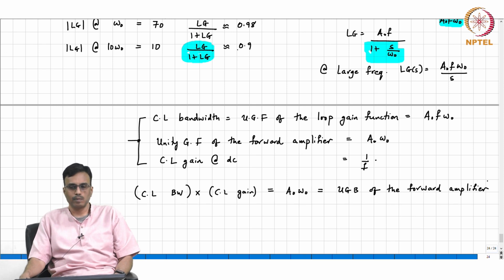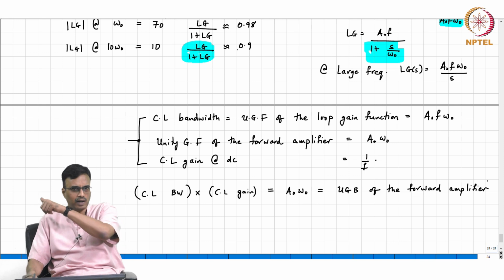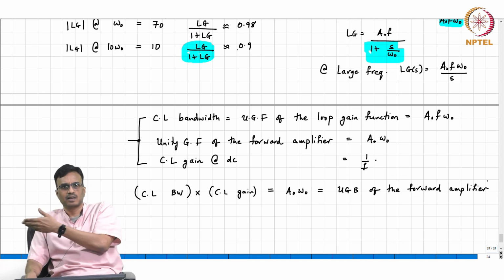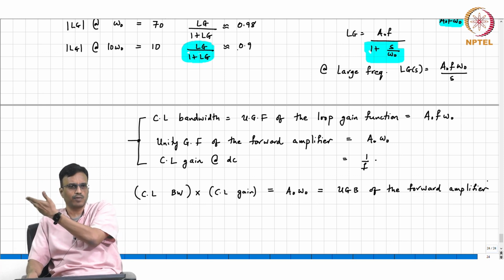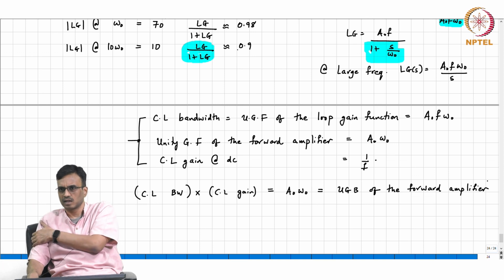This has led many people to believe that gain bandwidth product is a constant, right. That is what happens if you simply mug up a formula without thinking about it. This is only true under the conditions under which the formulae were derived, correct.